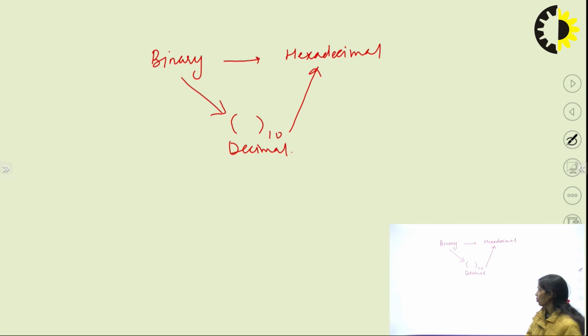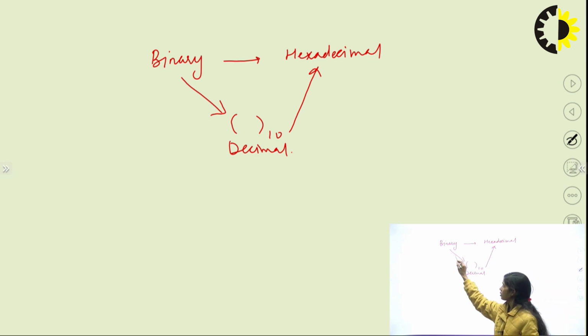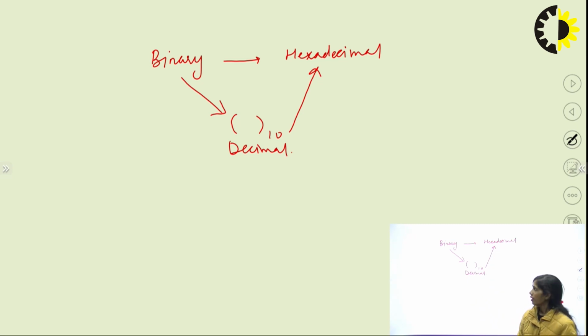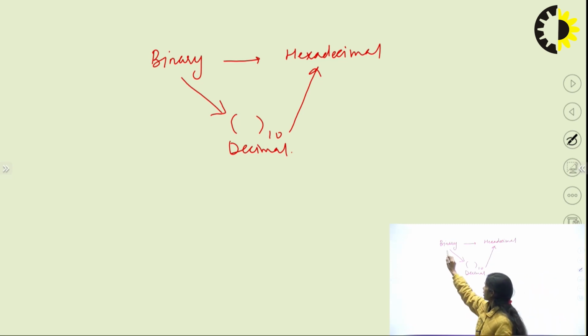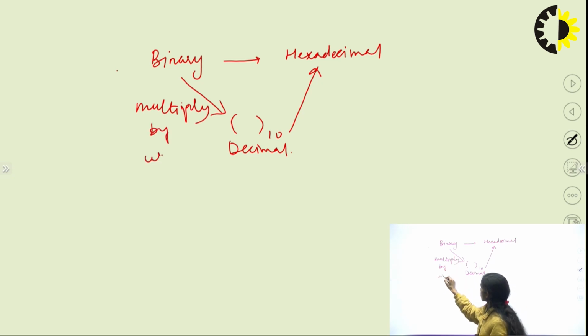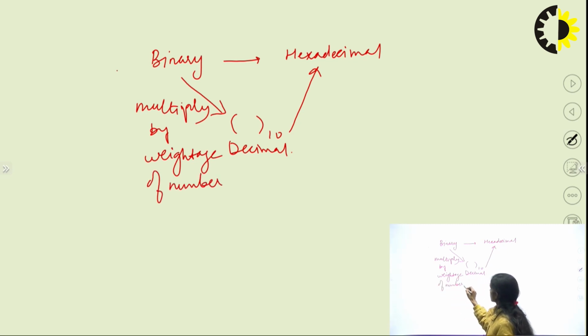So this is how we follow the path. First I convert binary into decimal, then decimal to hexadecimal. For the conversion from another system to decimal, we follow the same method: multiply by the weightage of the number system. If it is binary, then we multiply by the weightage of 2 to the power.